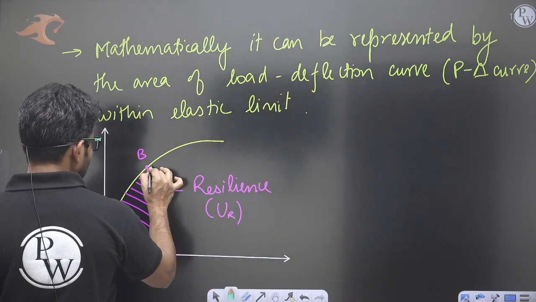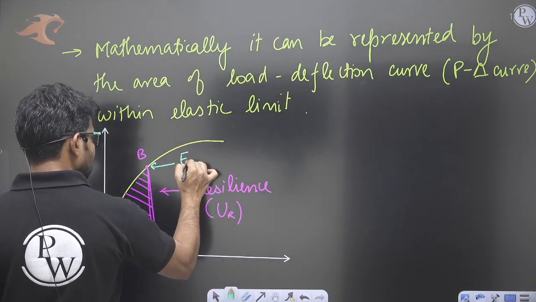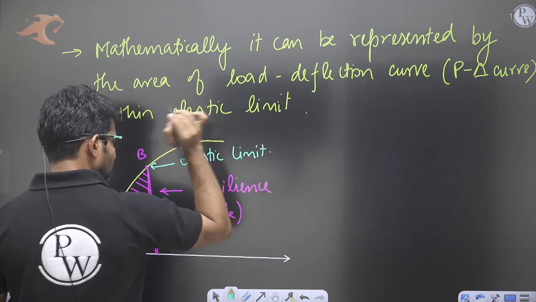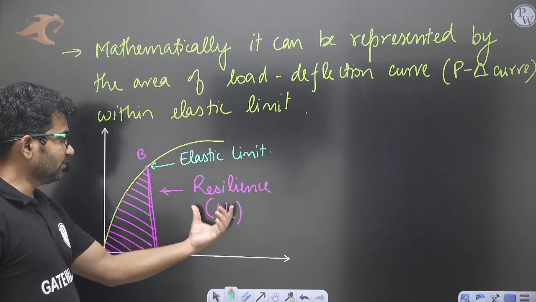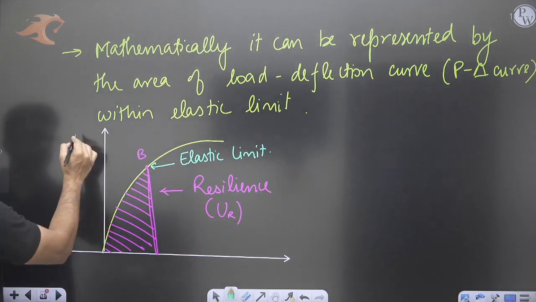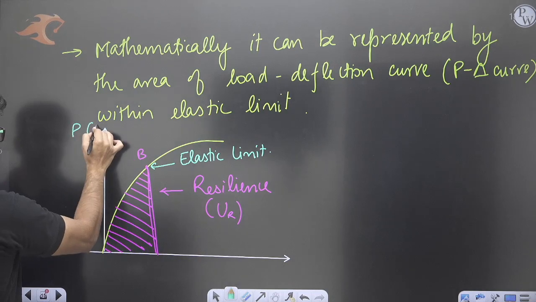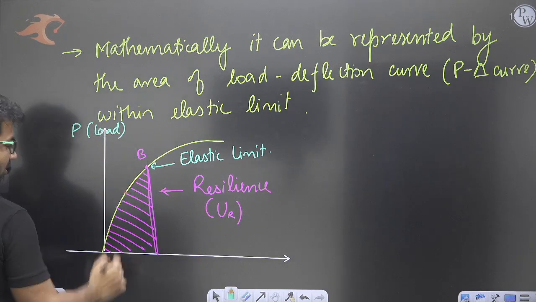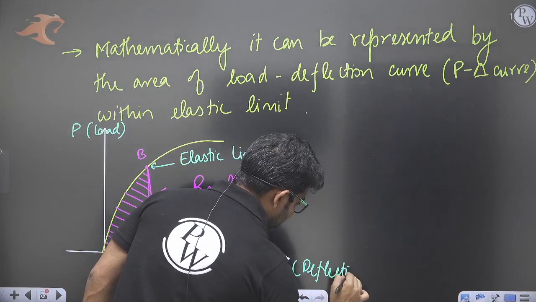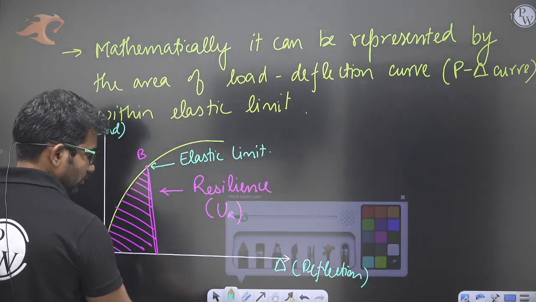The point B is the elastic limit, and this area will give you the resilience. This graph is drawn between load P and deflection delta.